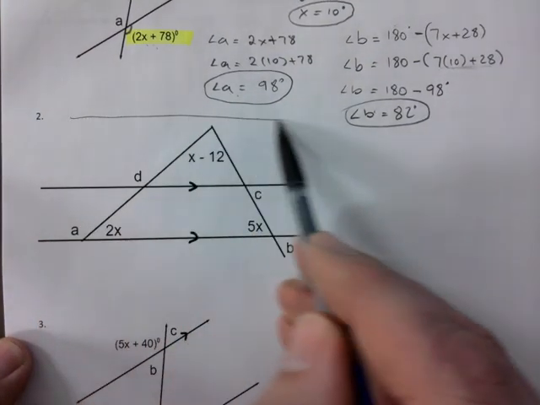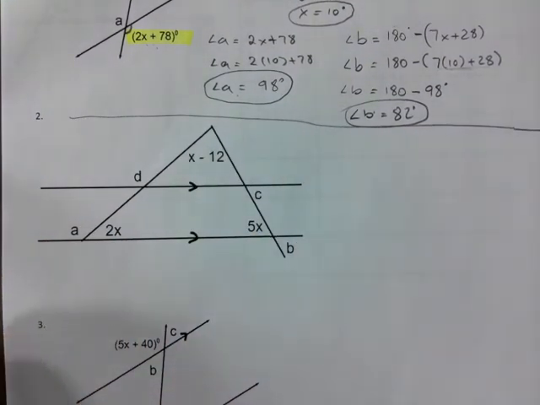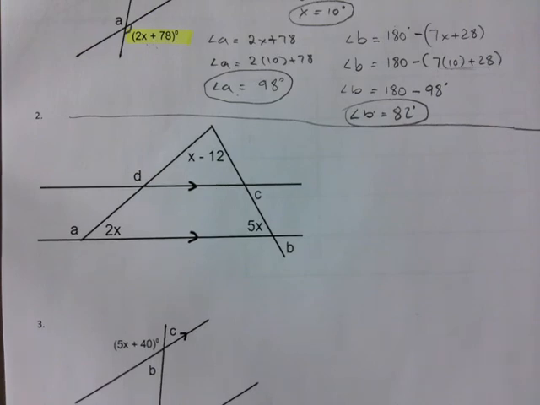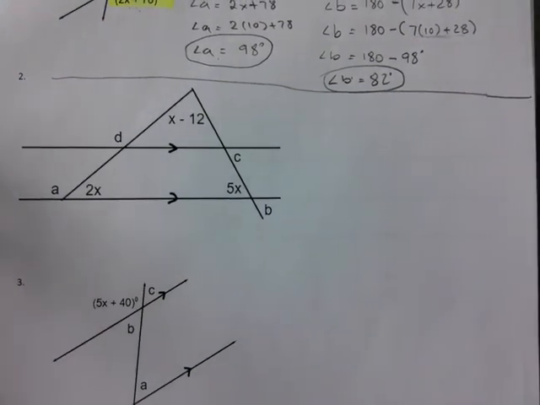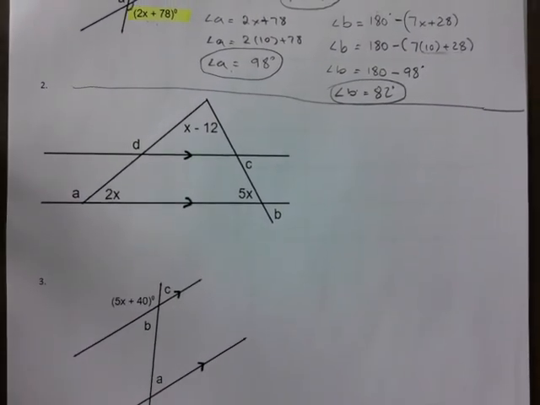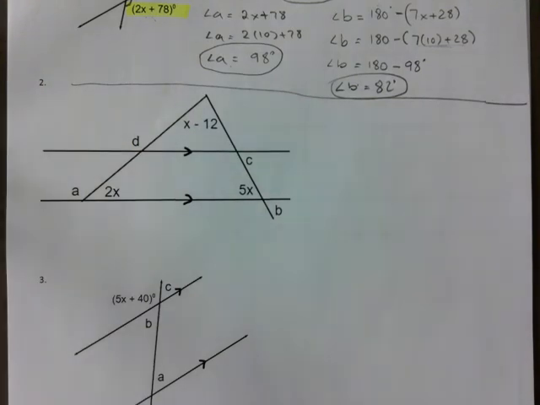I hope I left you enough room there. Next, what would you do there if you had to solve for x? What would you identify as your first step? Do you see the triangle?